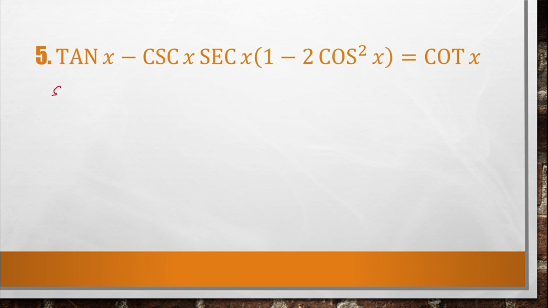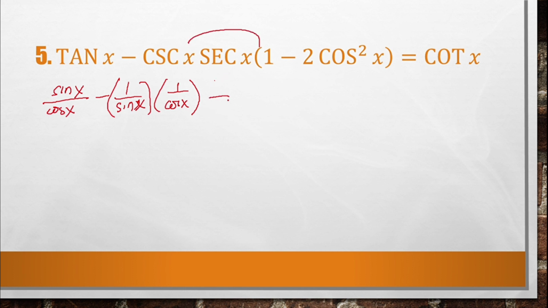So we have here sine x over cos x minus 1 over sine x times 1 over cos x, because cosec, and we're going to distribute this part.